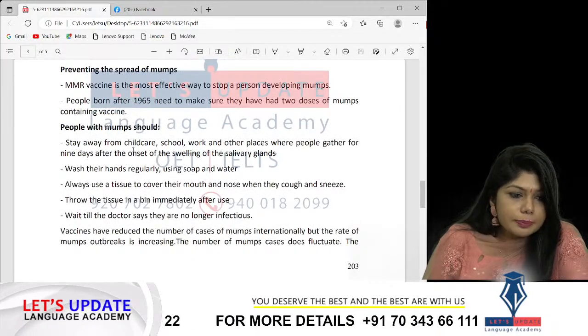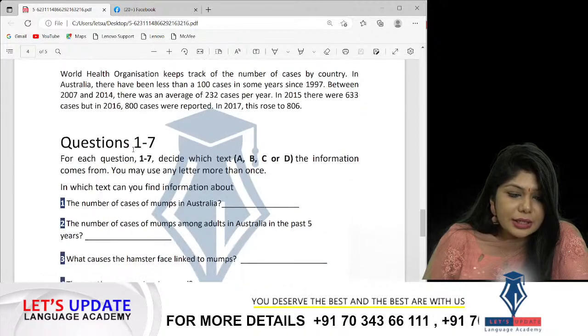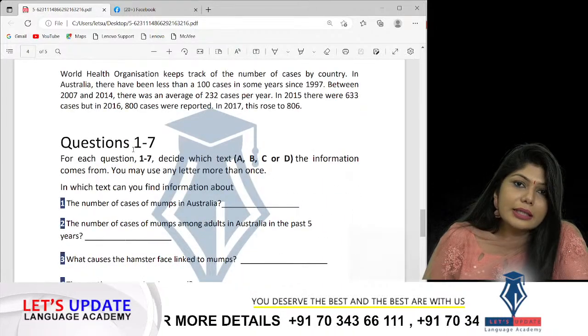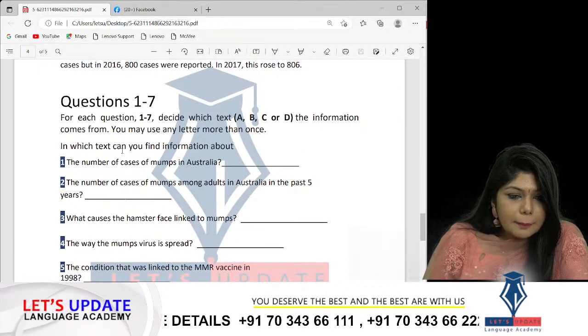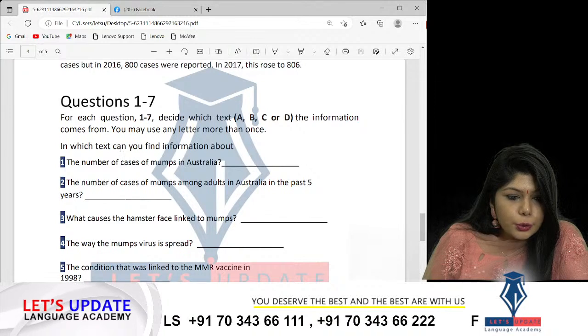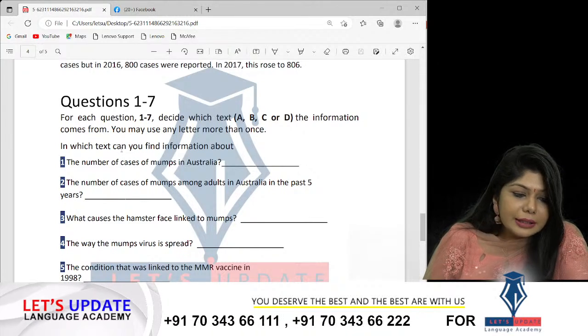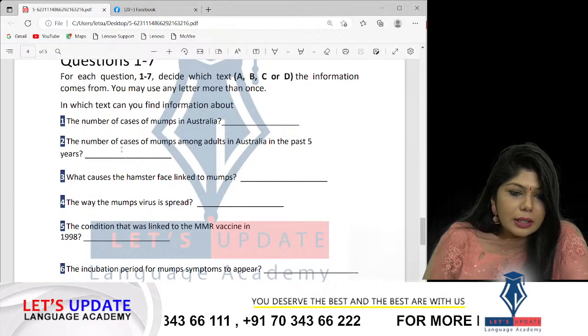A total of 4 texts in that section, and then it is followed by a series of questions, questions 1 to 7. You can see on the screen. You should fill in this section with alphabets.